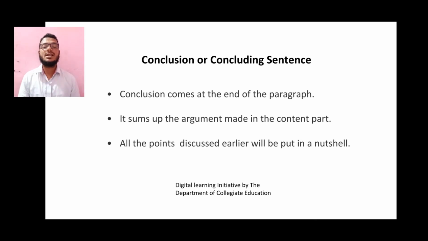We cannot, if we speak like that, if we write like that, definitely it is not a good paragraph. It can give sense, but it is not a good paragraph. And it sums up the argument made in the content part. It sums up what we have discussed, everything will be summed up in the conclusion.